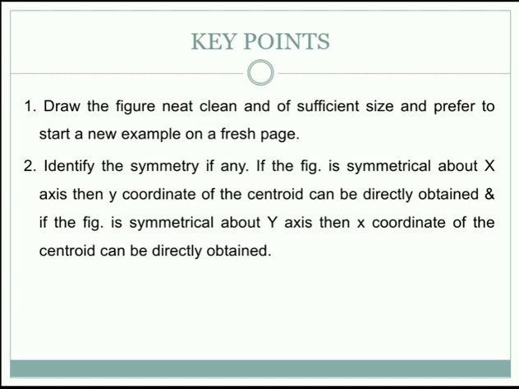So in such cases x bar becomes 0. So one point you note down and remember: if your centroidal axis is itself your reference axis, then you need to be careful while obtaining x bar or y bar in the direction of symmetry. Most times it is not asked, but rarely in one question paper I found one example in which this was asked.